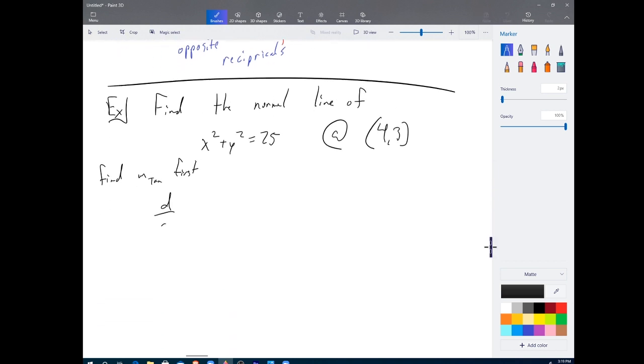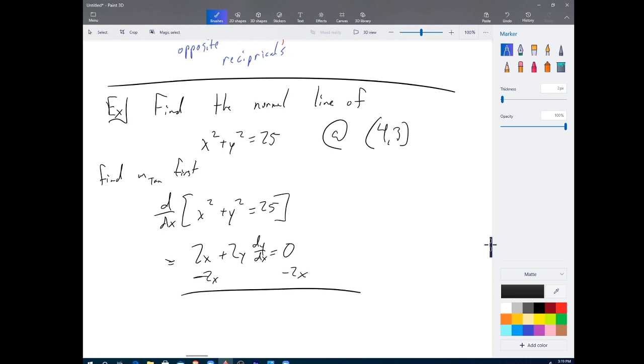So we take the derivative to be able to find the slope of the tangent line of our entire equation. And we get 2x plus 2y dy/dx equals 0, like we've gotten on many of the problems before, because we keep taking derivatives of circles. From here, I'm going to subtract the 2x from both sides.